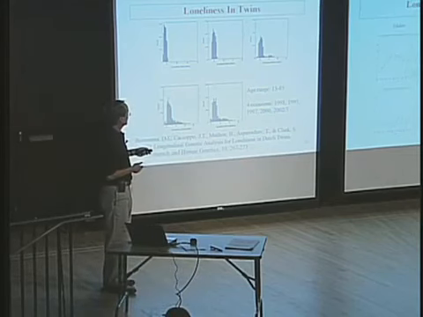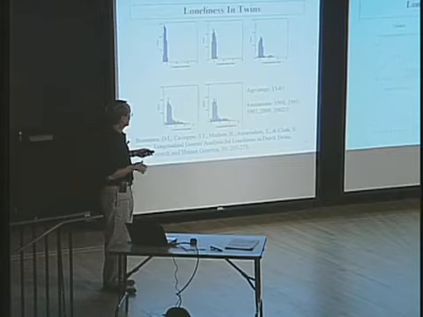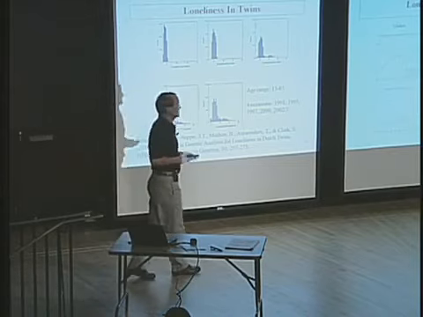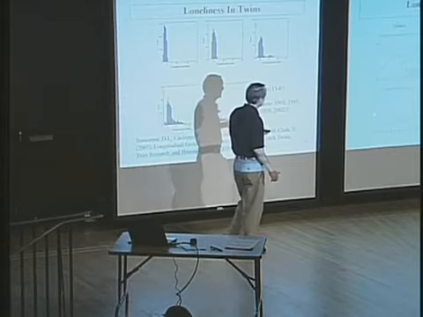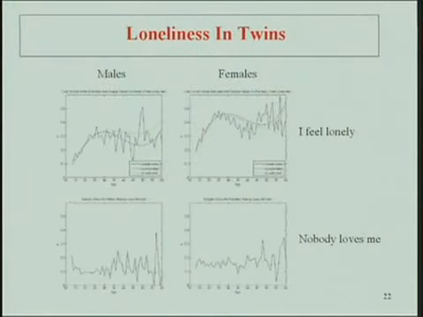I would fit the line. Looks pretty much like a line here, a flat line, no slope even. So you have a random intercept, so to speak. You have a random level fluctuating up and down over time, but also over people. But you don't have any trend. So the growth shape is very much different for nobody loves me than I feel lonely.